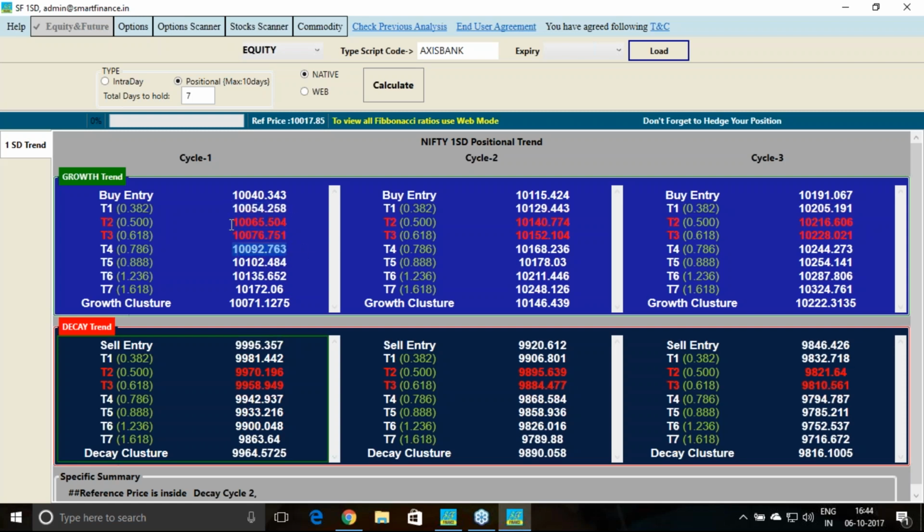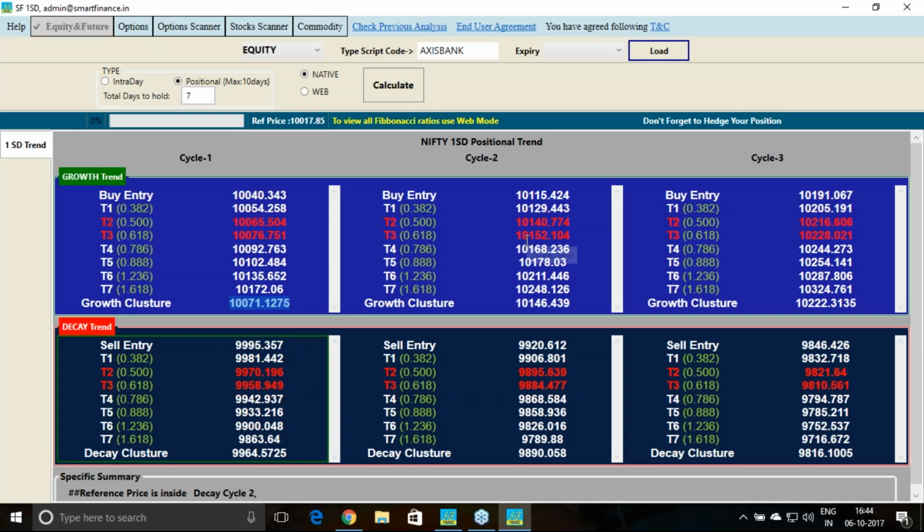Once you achieve the second target, trail your stop loss to the 0.5 level, and same way you can go on trailing. Your growth cluster will be 10,071, means here you will find maximum resistance. Once this level is crossed, you will get higher targets.